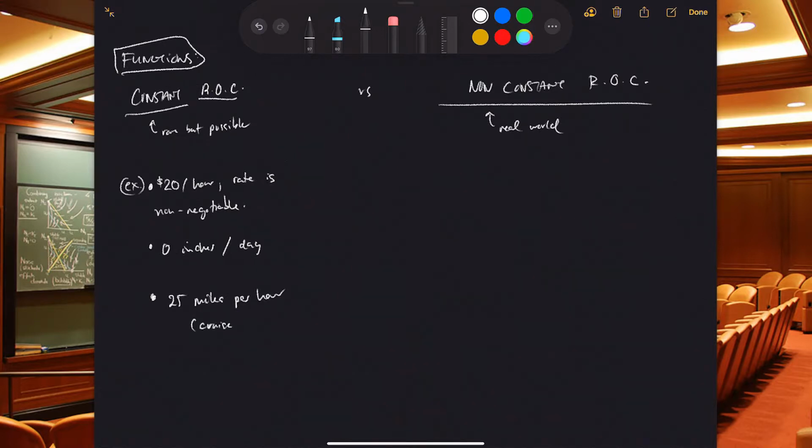So if you're in a car and you set the speed to 25 miles per hour and you stay in the right lane, over a period of time, you might have a constant rate of change of just 25 miles per hour. You travel 3 hours, and you've gone 75 miles. You travel for 4 hours, you've gone 100. It's a constant rate of change.